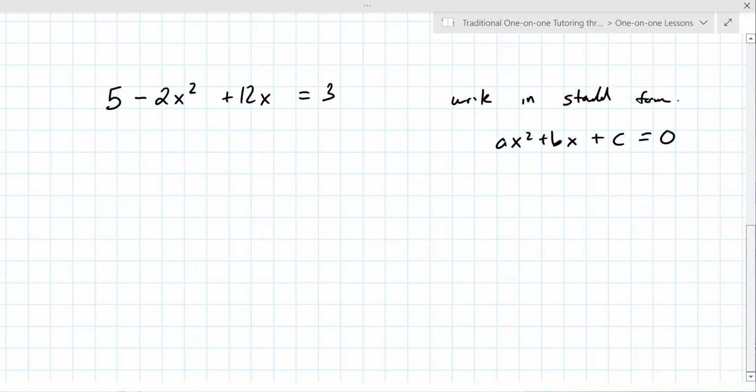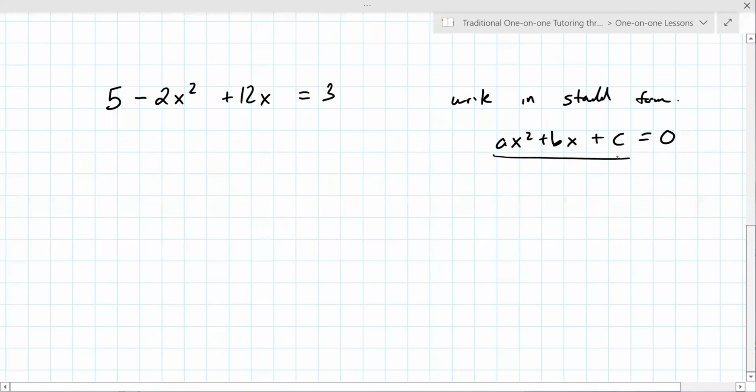Done. Sorry, I was muted. Can you tell me what it is in standard form? 5x squared plus -2x plus 12 equals 0.